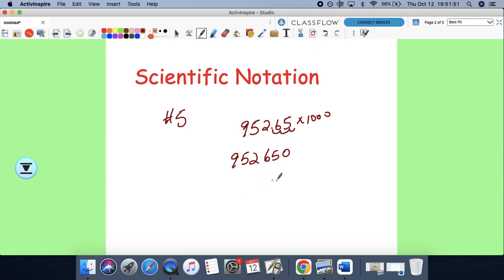The first factor, here's my decimal, move it 1, 2, 3, 4, 5. So it's 9.5265 times 10 to the 5th. So that is C. Even when you look at the multiple choice, even D, you shouldn't even pay attention to it, right?